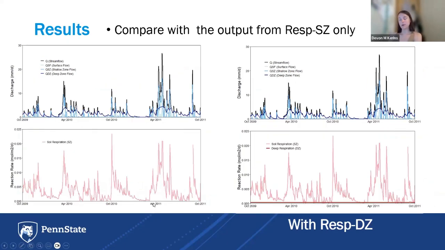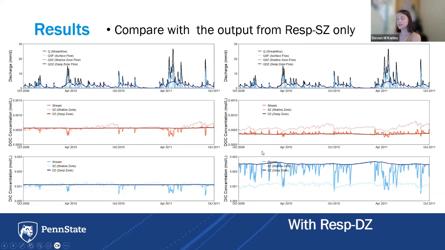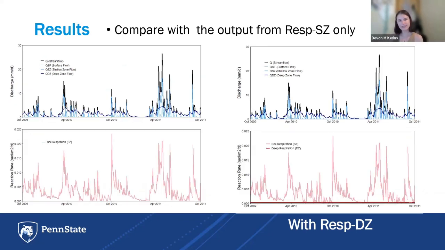What's interesting to note is to make these stark differences in concentration, the reaction rate of the deeper zone really isn't that high. So if we look, again, this is the results from just shallow zone implemented. So we can see the reaction rate there. However, when we've added the deep respiration processes in, we see that the deep respiration reaction rate is an order of magnitude lower than peak soil respiration reactions.